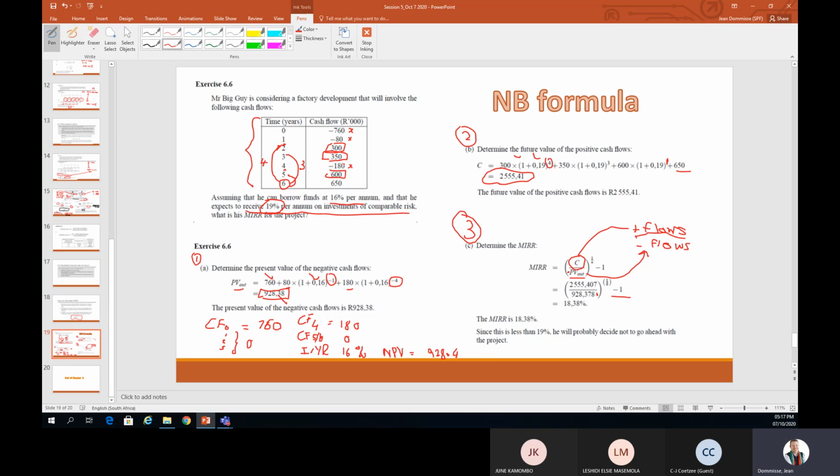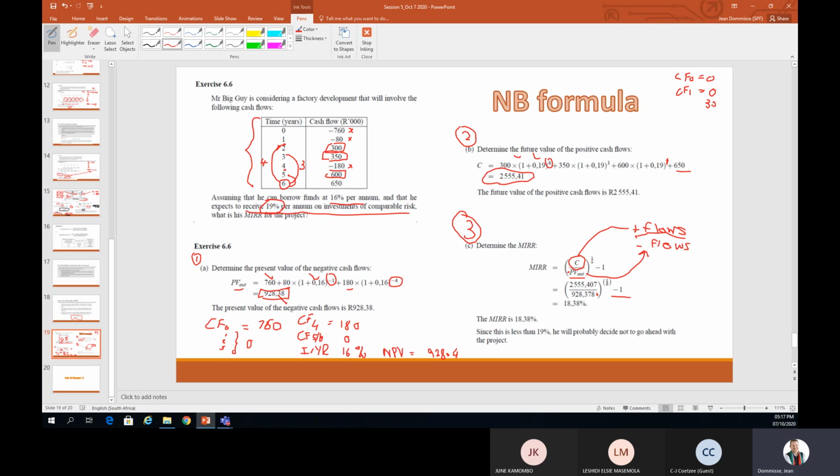So when it is 0 for the first one, 0 for the second one, 300 for the, okay, let's just write it down here. CF0 will be 0. CF1 will be 0.